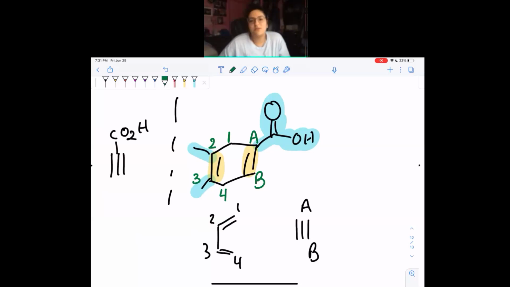So instead of doing the arrows, we can just say, all right, we can get rid of this bond. That didn't used to be there. We can get rid of this bond. That didn't used to be there.